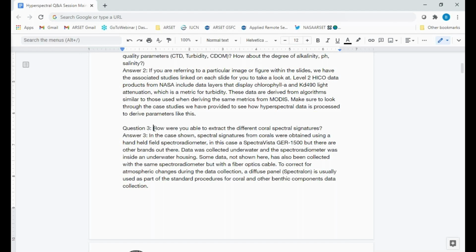All right, question 3. How are you able to extract the different coral spectral signatures? That's a very good question.